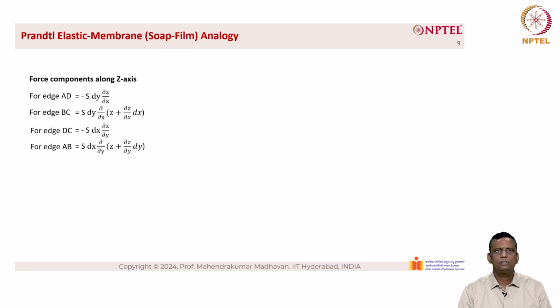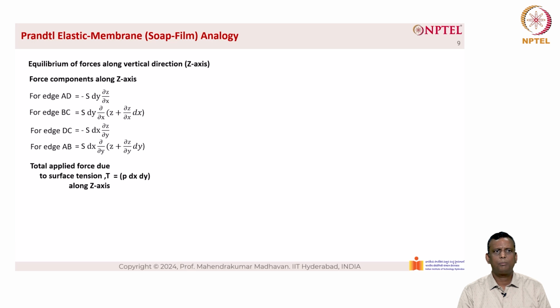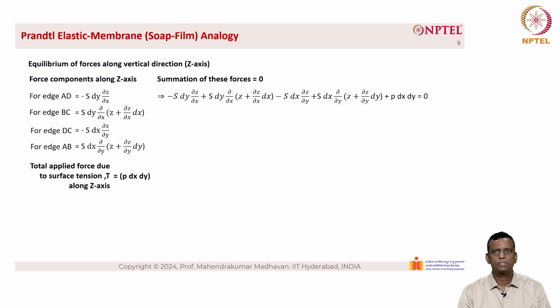Now the force components along the z direction are given for edge AD, edge BC, edge DC as well as edge AB. Now let's sum the equilibrium of forces along the vertical direction, the z axis. So the total applied force due to the surface tension T is equal to P into dx into dy along the z axis. The summation of the forces is equal to 0.